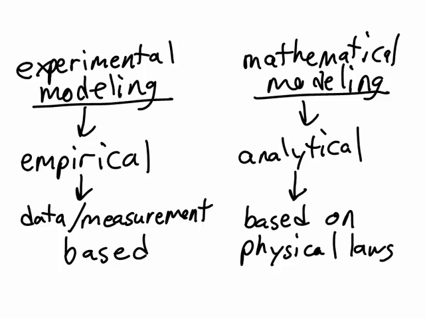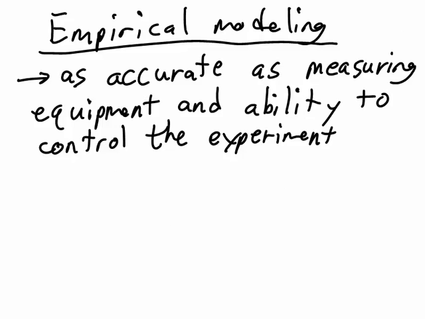Both empirical and analytical modeling methods are important, and they each have their own strengths and weaknesses. Let's start with empirical methods. Empirical methods are as accurate as your measuring equipment and your ability to control the experiment.